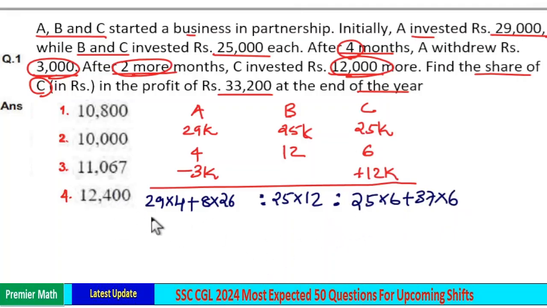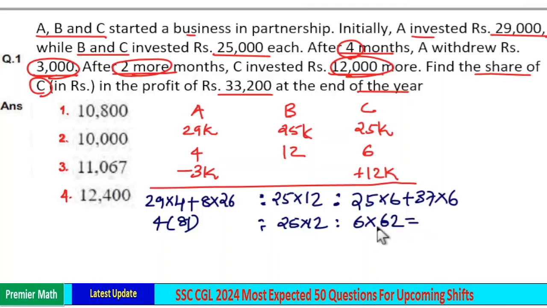Now ratio is equal to, if I take 4 outside, this will become 29 plus 52, 52 plus 29 is 81. Now here 25 into 12 and here if I take 6 outside, 6 into 25 plus 37, 25 plus 25, 50, 50 plus 12, 62. Now, here we have 12, so take 12 outside.